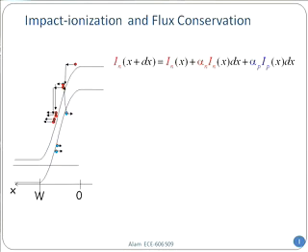If it can survive that far without scattering, then it is going to excite an electron from the valence band, shown here in blue. It will leave behind a hole, and correspondingly an electron will go up, and then there are 2 electrons. In this process, 1 electron generates 2 electrons, 2 generate 4, 4 to 8, and this process continues like an avalanche.